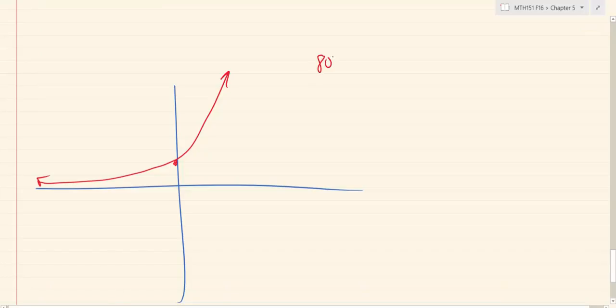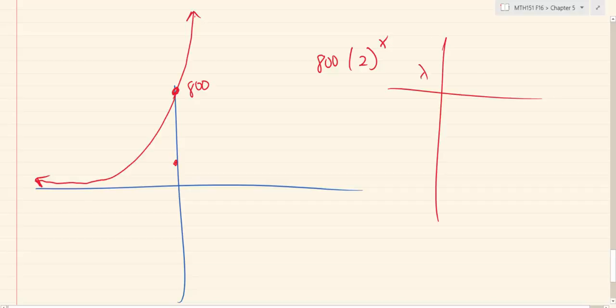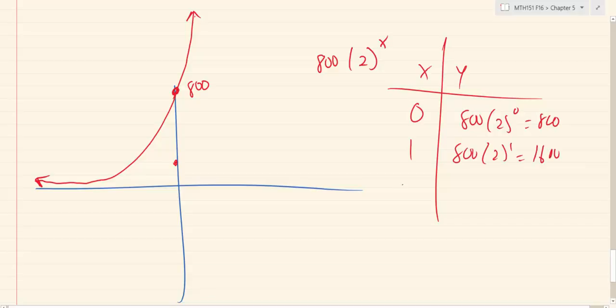What's the domain of the exponential function? Range. 800 times 2 to the x power. That is going to have an initial value, a y-intercept at 800. If you wanted to, you could do x and y at 0. So 800 times 2 to the 0 is 800. 1 is 800 times 2 to the first, which is 1600. 2 is 800 times 2 to the second, and 2 to the second is 4, so 4 times 800 is 3200.